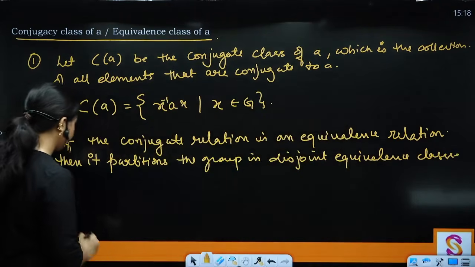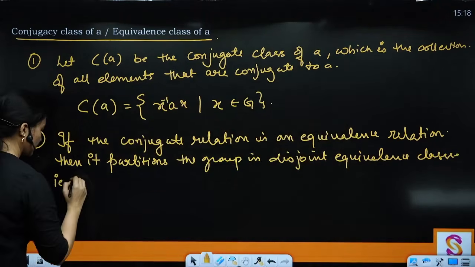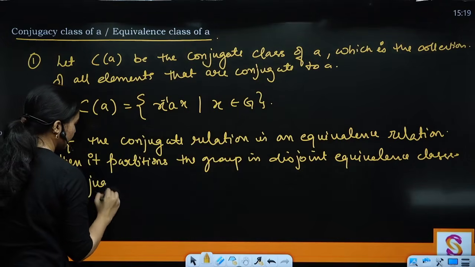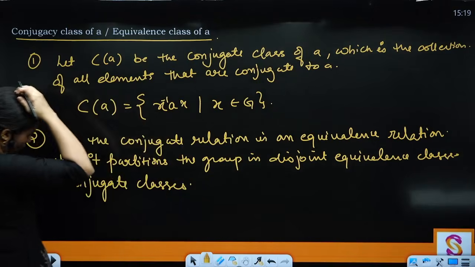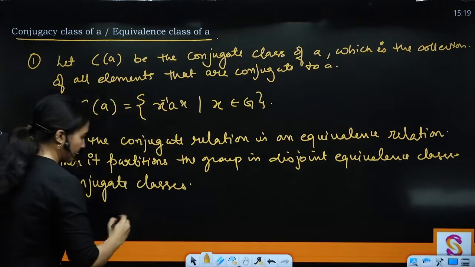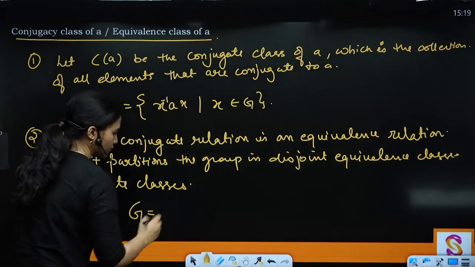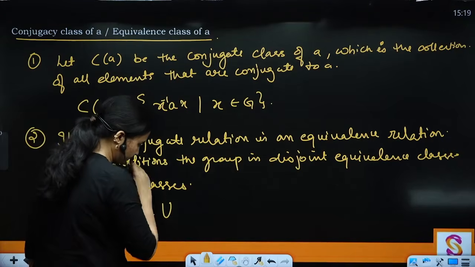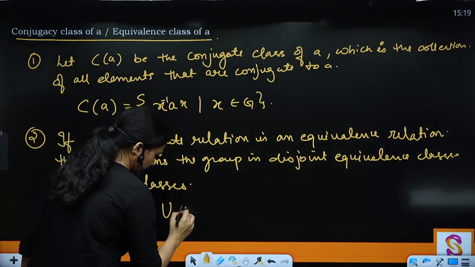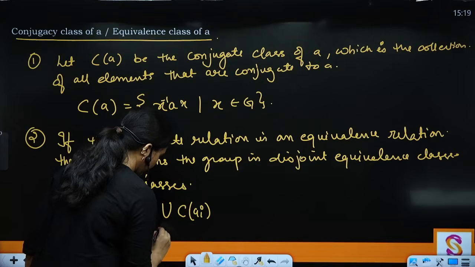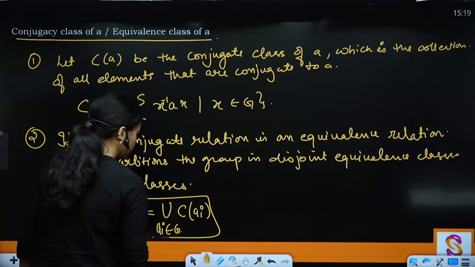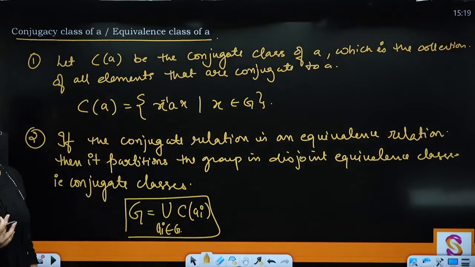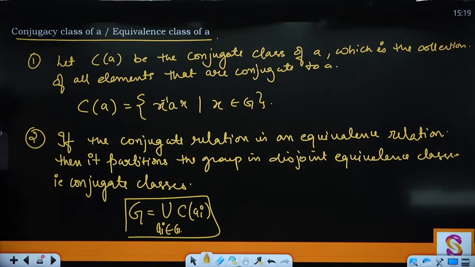That is, conjugate classes. And also what is going to happen is that G is going to be equal to the union of C of Ai, where Ai belongs to G, right? So G is going to be the union of all the conjugate classes. Clear?